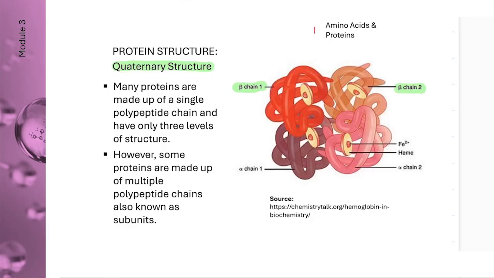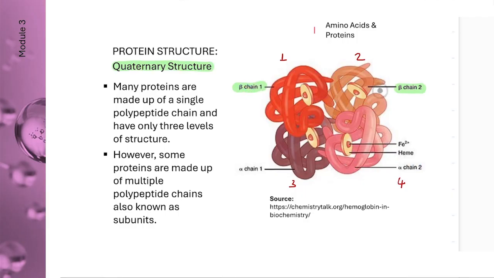You can see that you have 4 subunits: 1, 2, 3, 4. So you have your alpha chain 1, alpha chain 2, beta chain 1, beta chain 2.